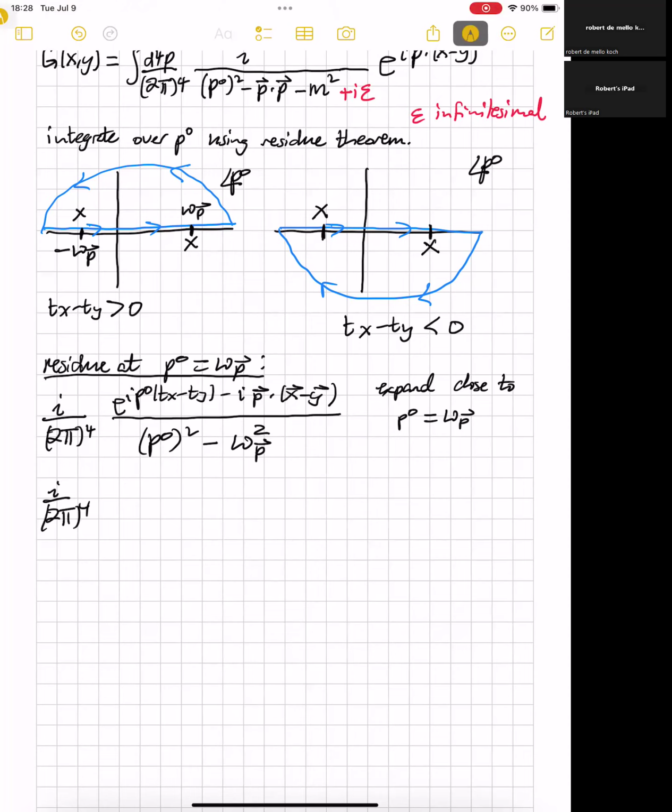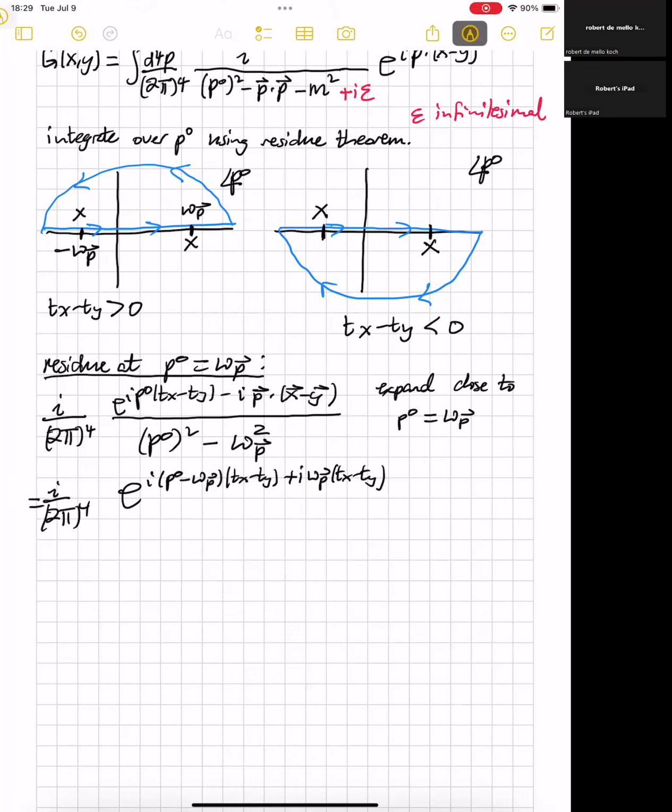Well, I've got (2 pi)^4. Now I'm going to write the exponential in this way. I'm going to write e to the i (P naught minus omega P) times (Tx minus Ty), and then I'm going to say plus i omega P (Tx minus Ty).